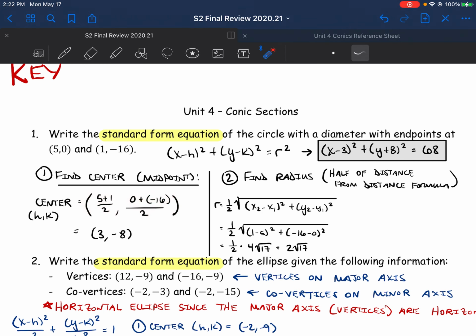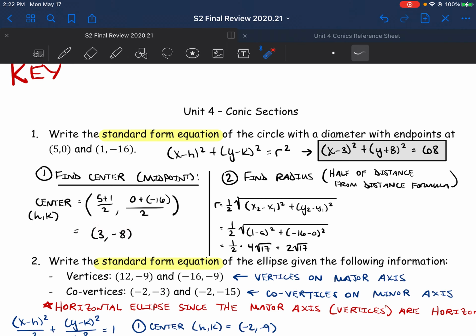So I add the two x's together, 5 plus 1, divide by 2. Add the two y values together, 0 plus negative 16, divide by 2. And that's going to give me an x-coordinate of the center at 3 and a y-coordinate of the center at negative 8. So here's our (3, -8). 3 is the h, negative 8 is the k.